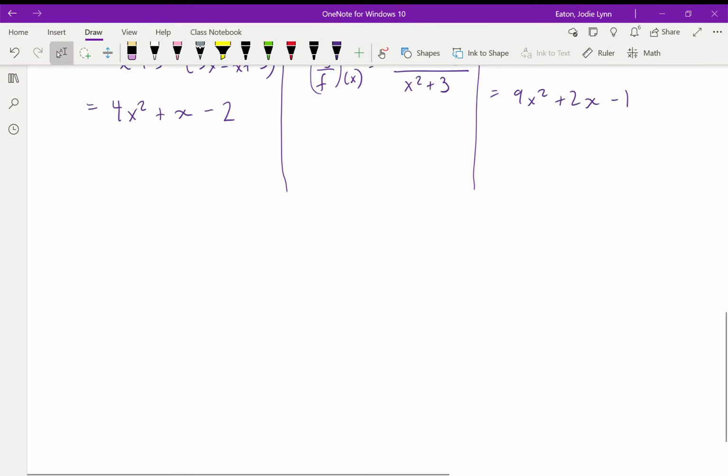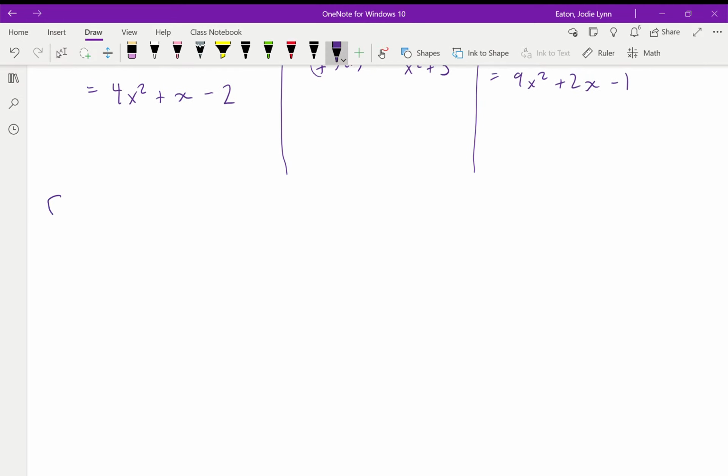Okay. So let's find f times g of x. But let's make it a little bit more complicated. What if we have two piecewise functions that are defined everywhere in the real numbers?